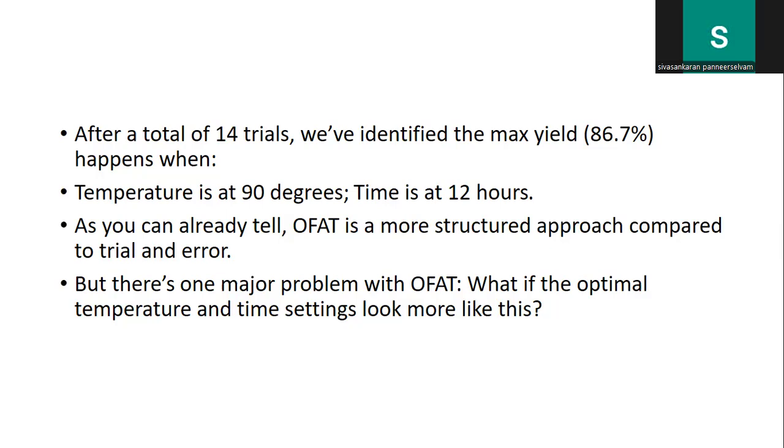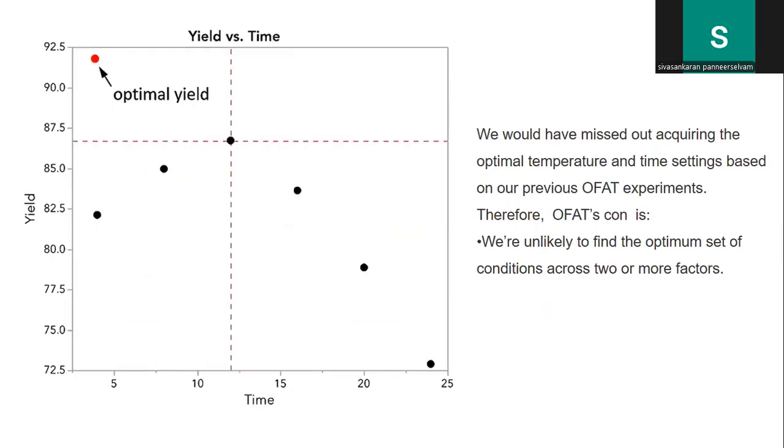And here there is one more problem with one factor at a time. What if the optimal temperature and time settings look in this format? See here, the optimum yield shown in red color is 92.5 and 86.5, which is the most optimum value.